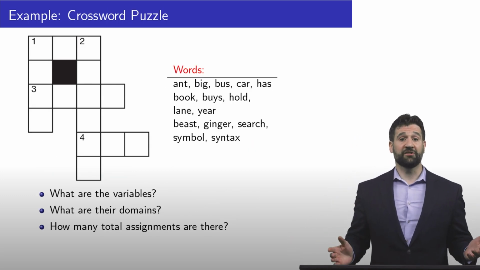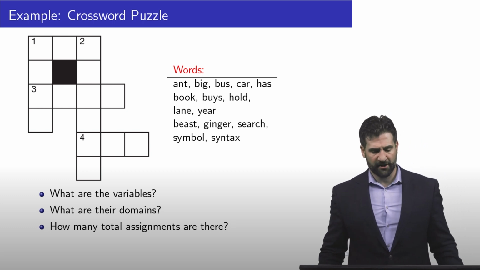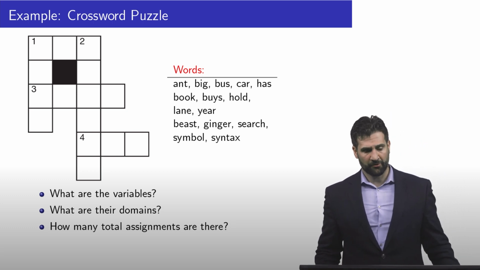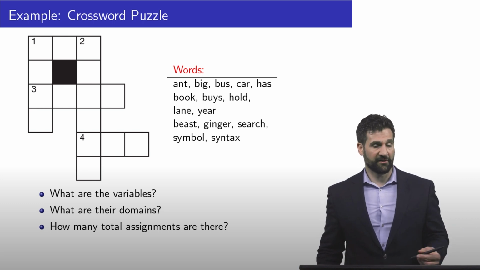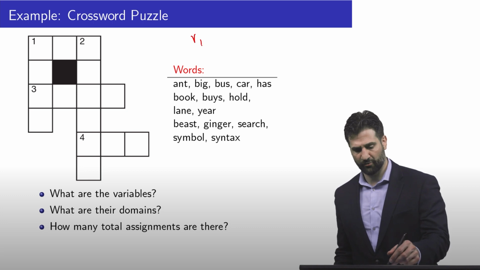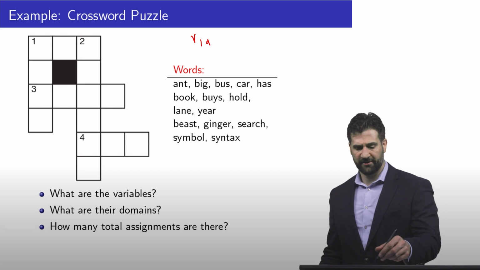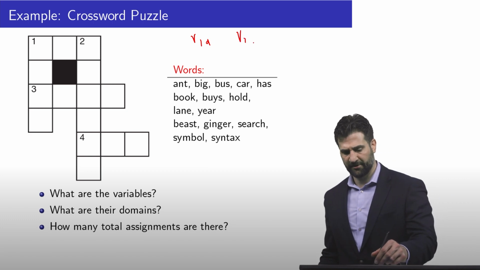So in this second example, we have a crossword puzzle. Now, what are the variables? Well, let's look at the variables. We're going to say we have variable 1 across, so I'll say V1A. We have variable 1 down, V1D.